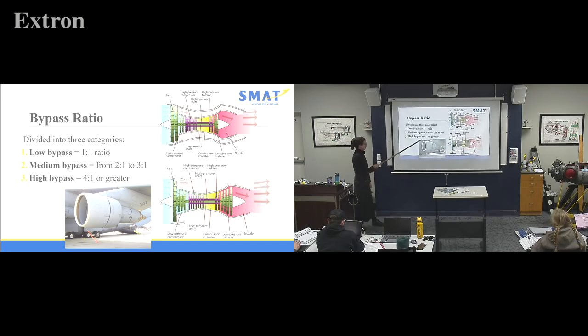Low is going to be just a 1-to-1 ratio. So, equal amount of air bypassing to amount of air going through the core. So, we have 50 pounds of air going around, 50 pounds of air is going through. So 1-to-1, they are equal amounts.